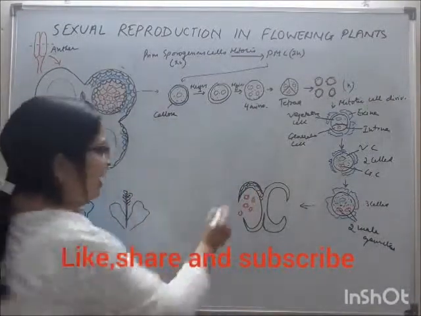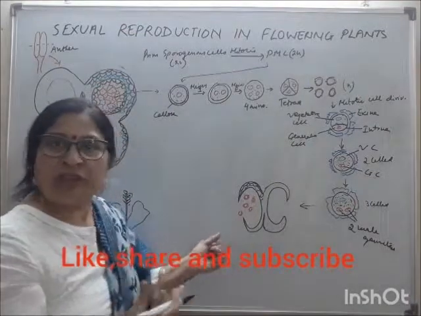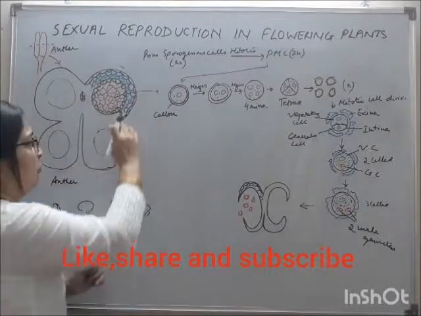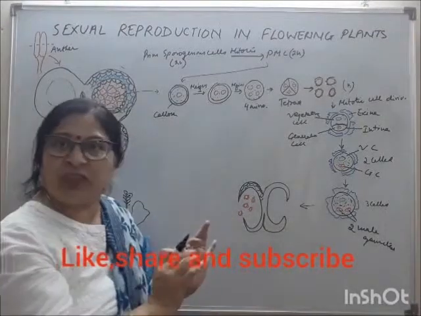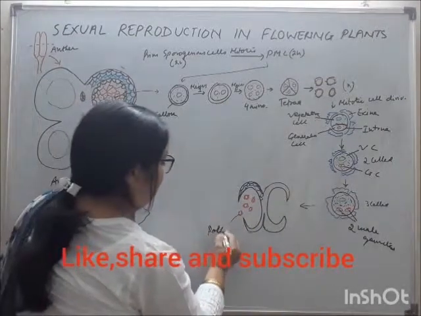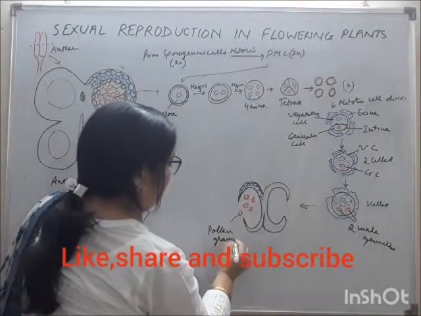shrinks and the endothecium also shrinks and the connection between the two pollen sacs ruptures, it dissolves, and these pollen grains come out.